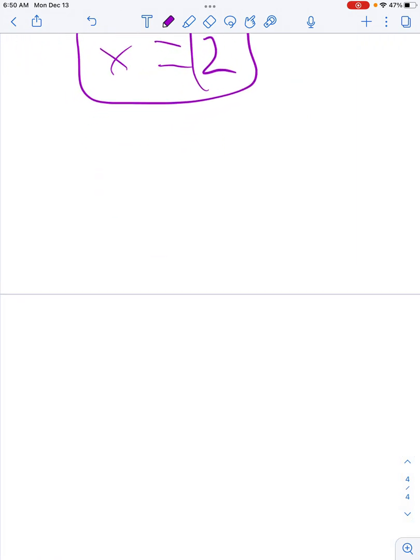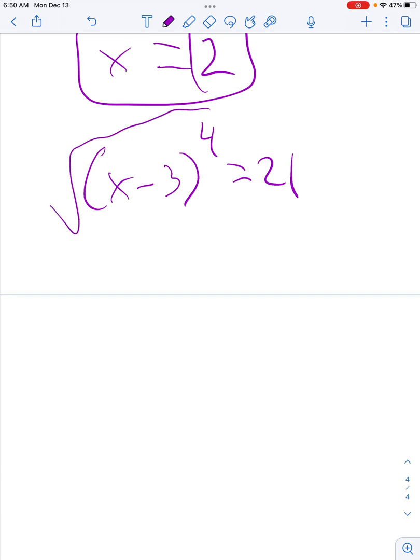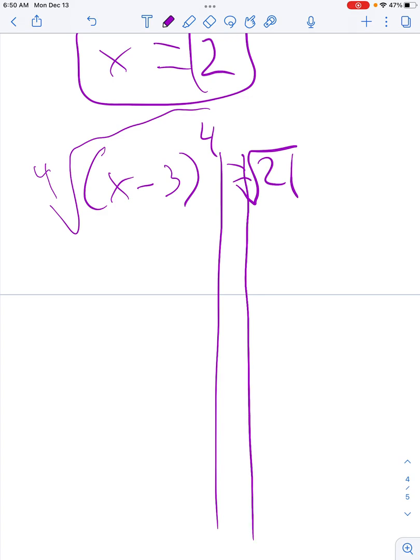If I have a slightly different problem, maybe something like x minus 3 to the 4th equals 21. Again, how do I undo this? First step is to take the 4th root of everything on the left and everything on the right. So all I'm left with is x minus 3 equals the 4th root of 21.